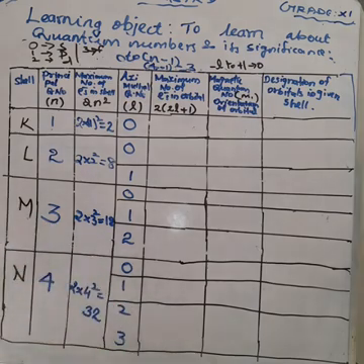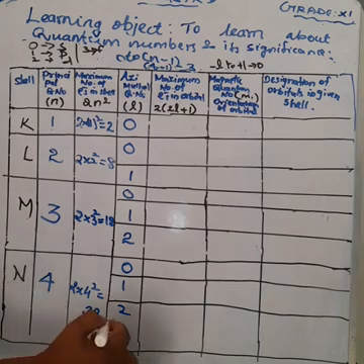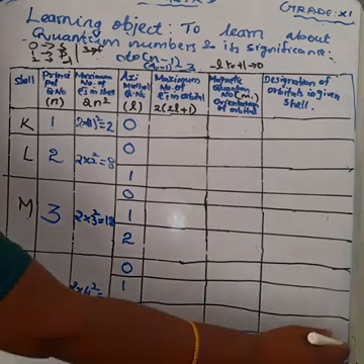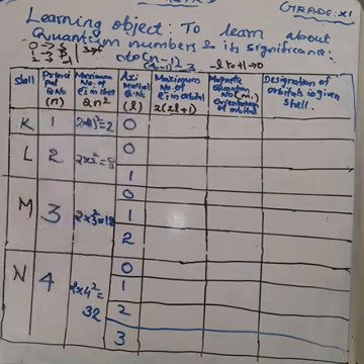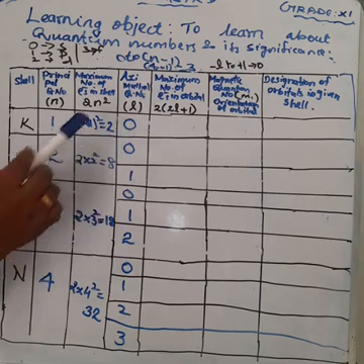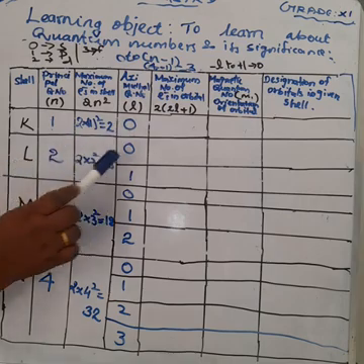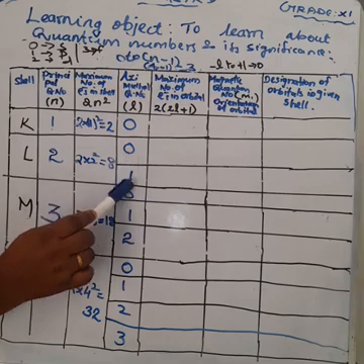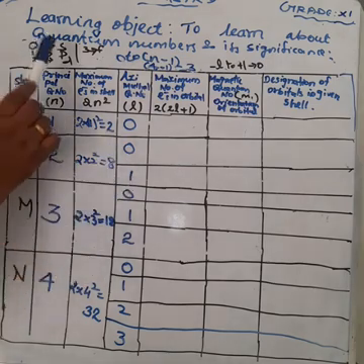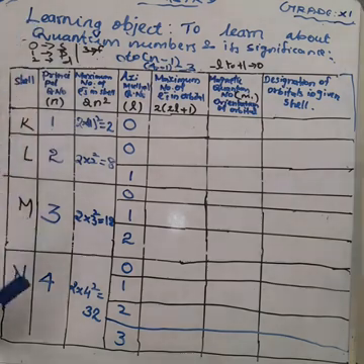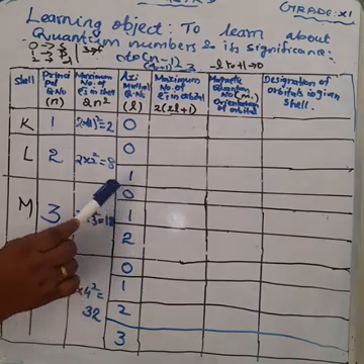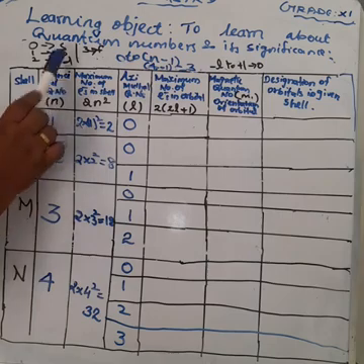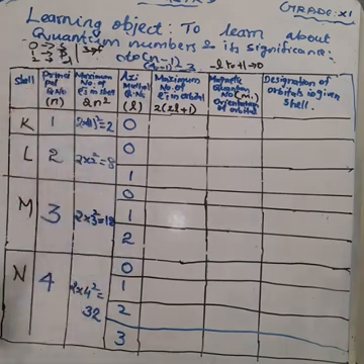According to the azimuthal quantum number, small l indicates the subshell. So the K shell has only one subshell, 0, which means S orbital. The L shell has 2 l values, 0 and 1: 0 means S subshell and 1 means P subshell. The M shell has 3 subshells, 0, 1, 2: S, P and D subshells.